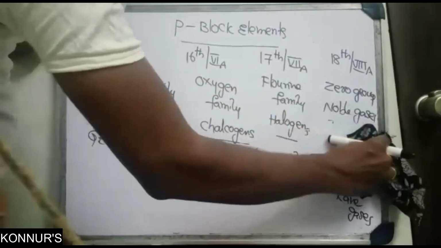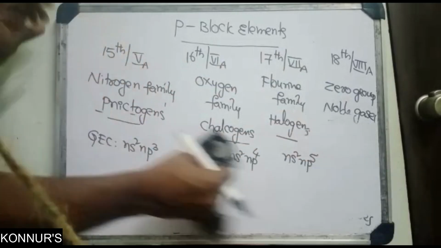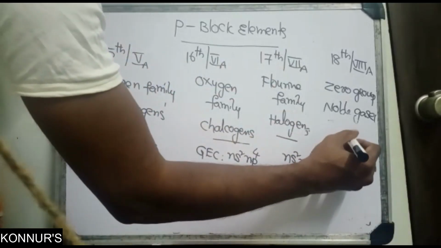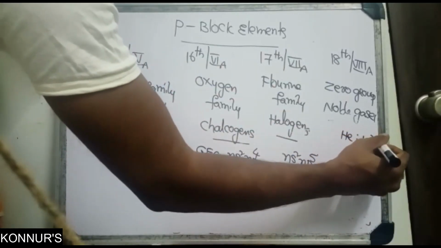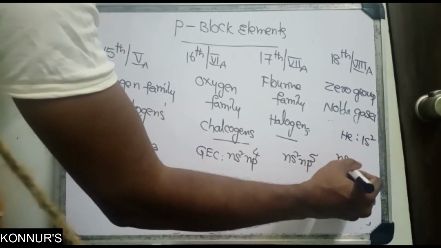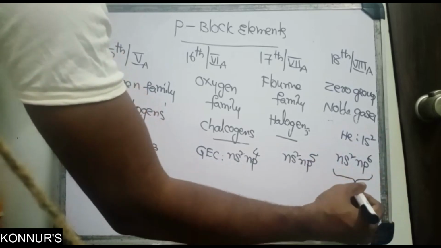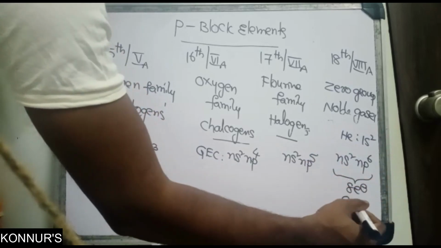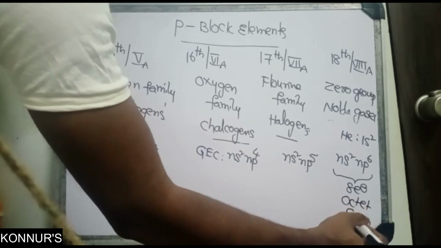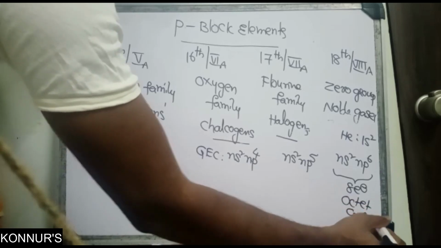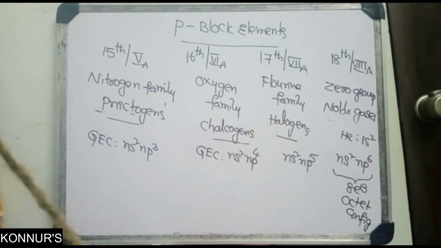Next here, helium is 1s2; except helium, the remaining is ns2 np6. So the outermost shell contains 8 electrons. This is what you call an octet configuration, and these are more stable.